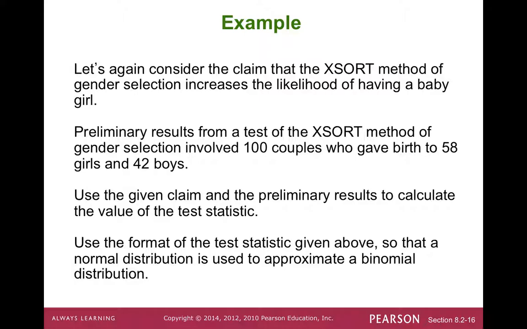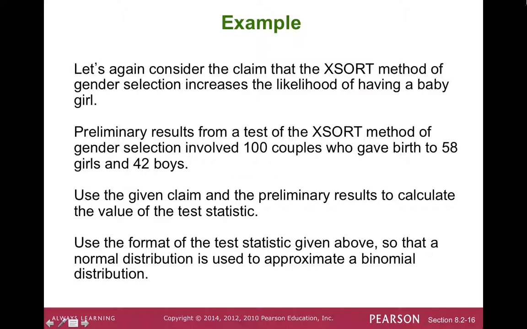So we're going to go again back to that same example of the XSORT method of gender selection increasing the likelihood of having a baby girl. The preliminary results from the test involved 100 couples who gave birth to 58 girls and 42 boys. We're going to use this claim that XSORT increases the likelihood of having a baby girl, and the preliminary results that were reported here to calculate the value of the test statistic.